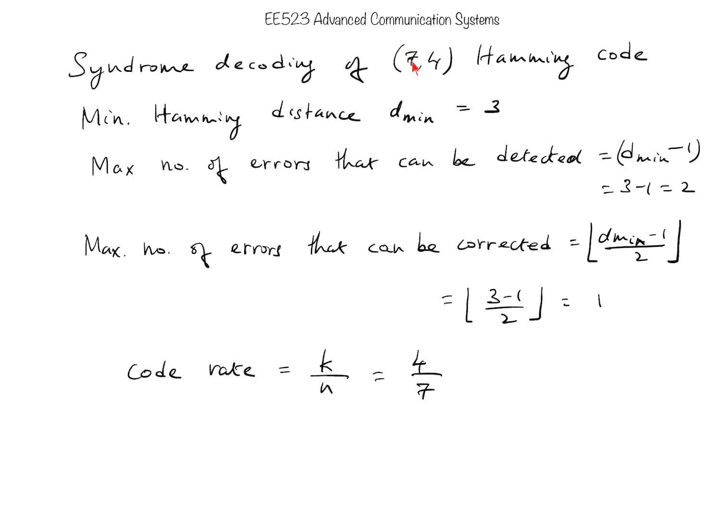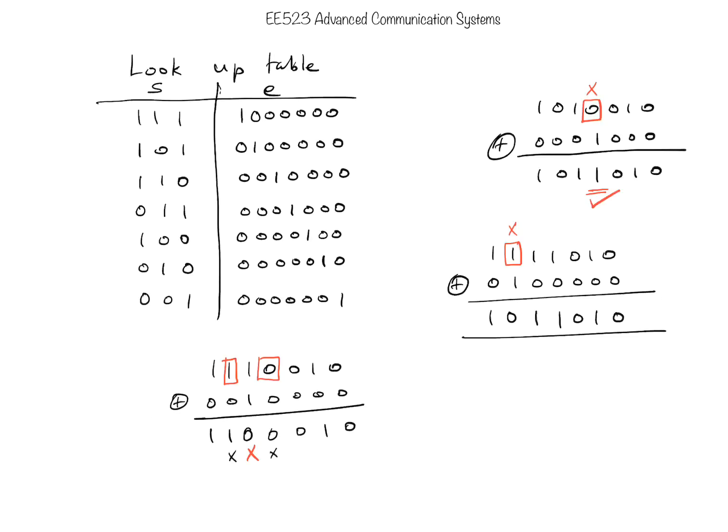In this case, n is equal to 7 and k is equal to 4. So what other values can you have? We can't choose those values arbitrarily. There is a particular rule that we have to follow to get those numbers. So I'm going to illustrate that now. What are the possible values of n and k for the Hamming code?